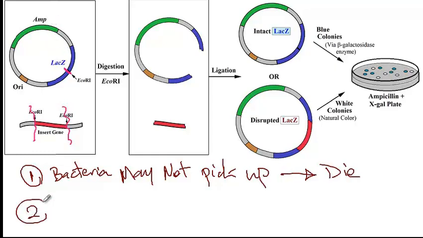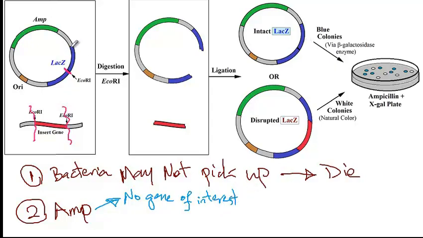Now the ones that have the ampicillin resistance gene, there could again be two scenarios for them. One, do they have the plasmid that does not have the gene of interest? So no gene of interest. If that happens, you can see that the LacZ gene is intact.